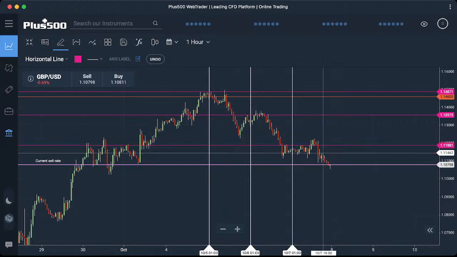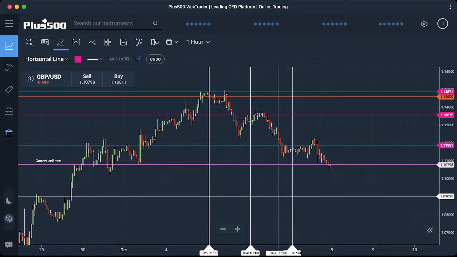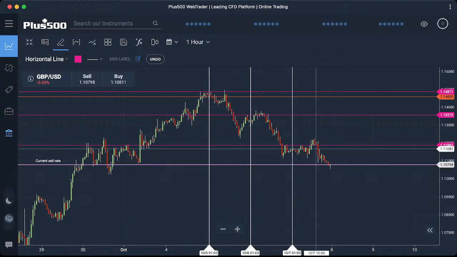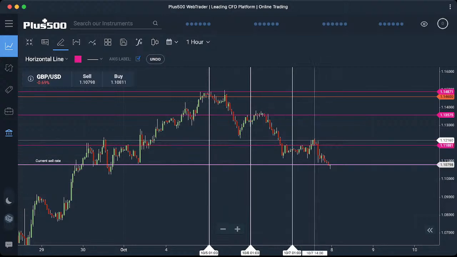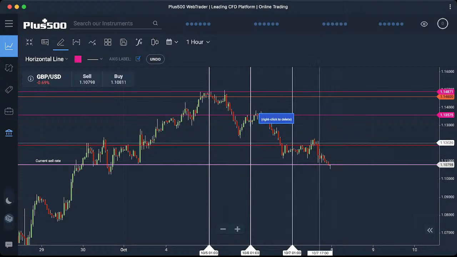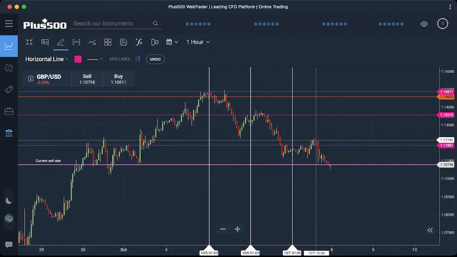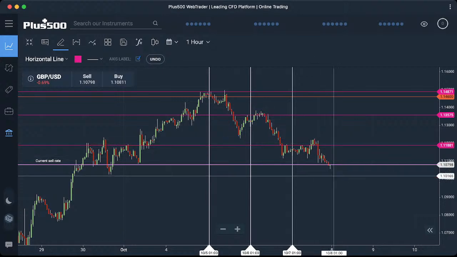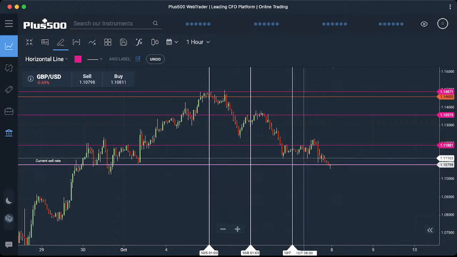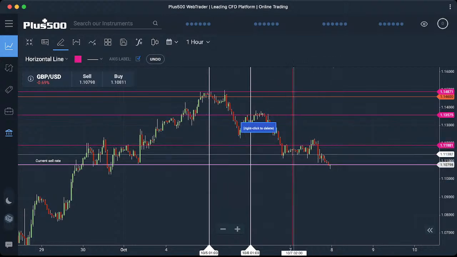Price pushed to the downside, and then it comes up. It took the buy side liquidity here, and once the buy side liquidity was taken at this high, price has distributed to the downside, and again it broke Thursday's low.